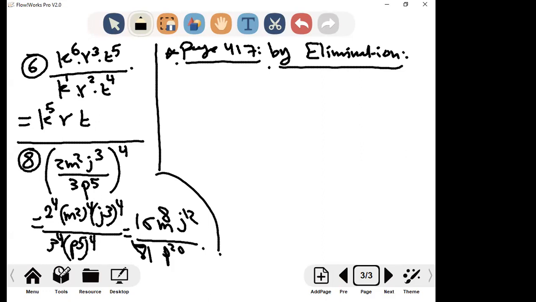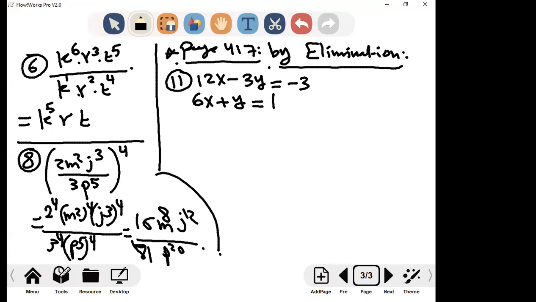Let's see question 11. See question 11? Yeah. Question 11, we have to solve this system, 12x minus 3y equal negative 3 and 6x plus y equal 1 by elimination, right?